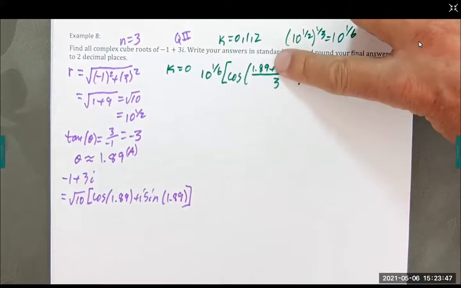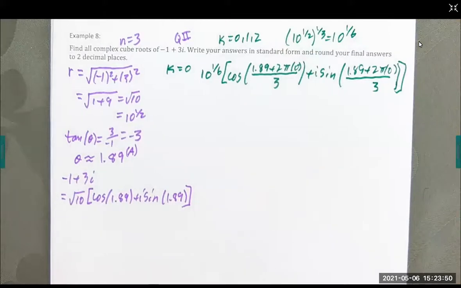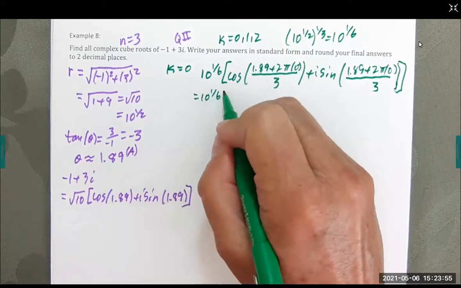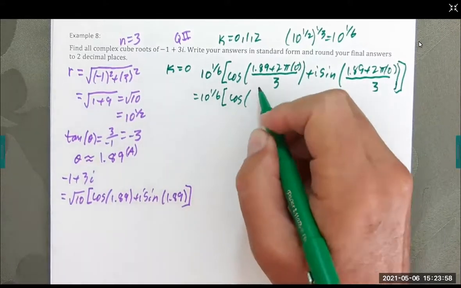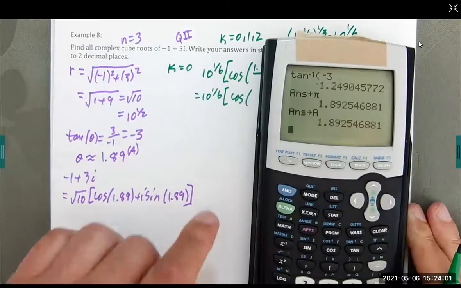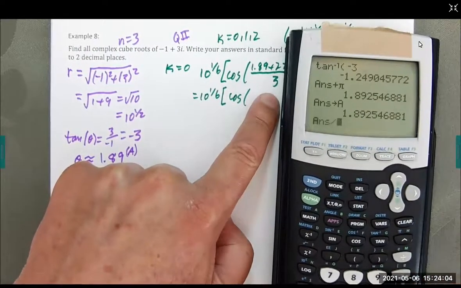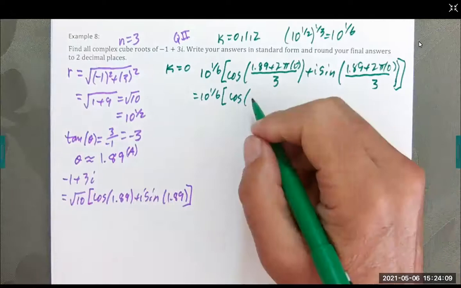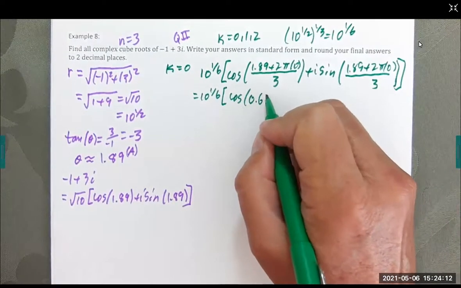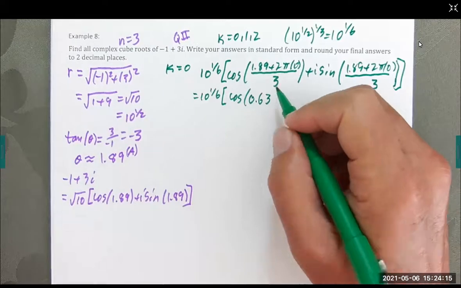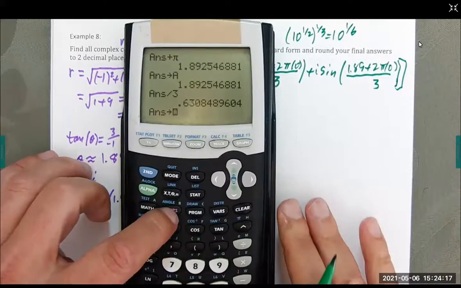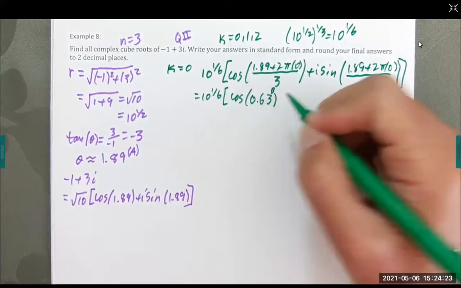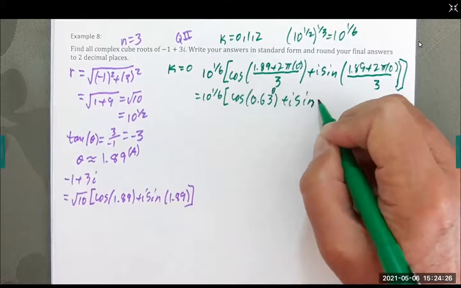Because it's 0, I can just deal with that. So this becomes 10 to the 1/6 cosine. Let's see. I'm going to take that and divide by 3. Store it into B. Plus i sine 0.63.